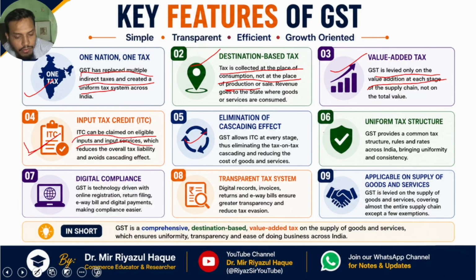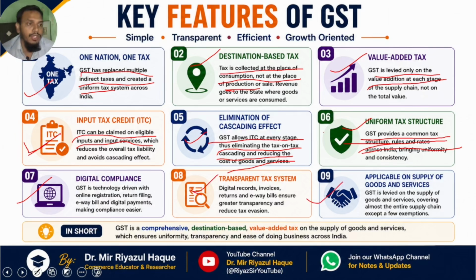Elimination of cascading effect. So GST allows ITC at every stage, thus eliminating tax on tax cascading and reducing the cost of goods and services. Uniform tax structure: GST provides a common tax structure, rules and regulations across India. Digital compliances are there, it is transparent, and it is applicable on supply of goods and services.